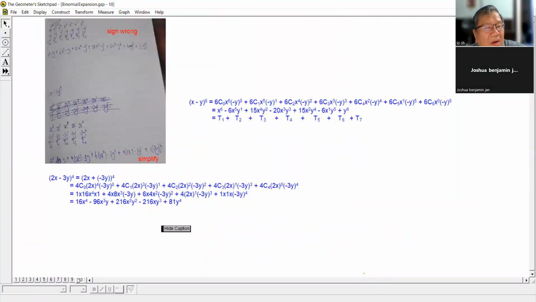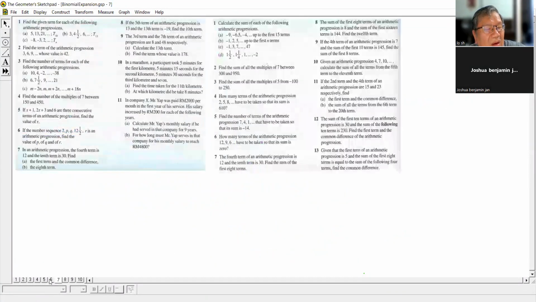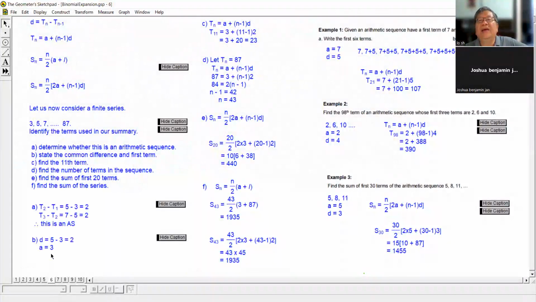Wait, not this one. Sum. Here. Right. Arithmetic common difference. Okay. Did you go through all this? This is the old file. Before the thing rolls out, then I send for repair. Yeah, this is it. Okay.